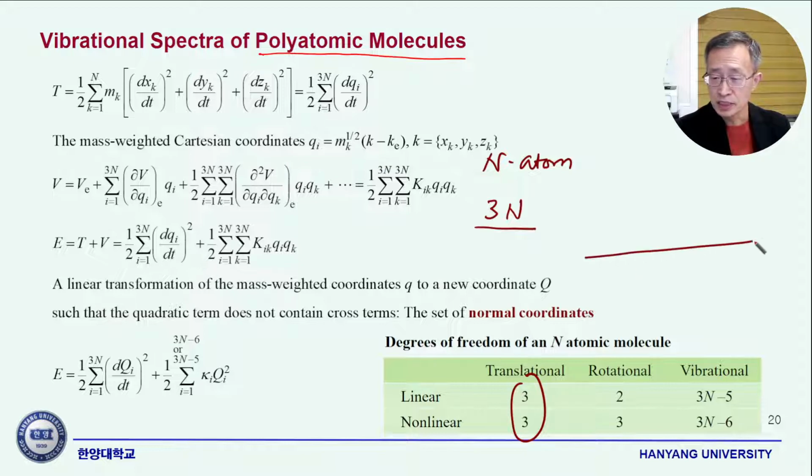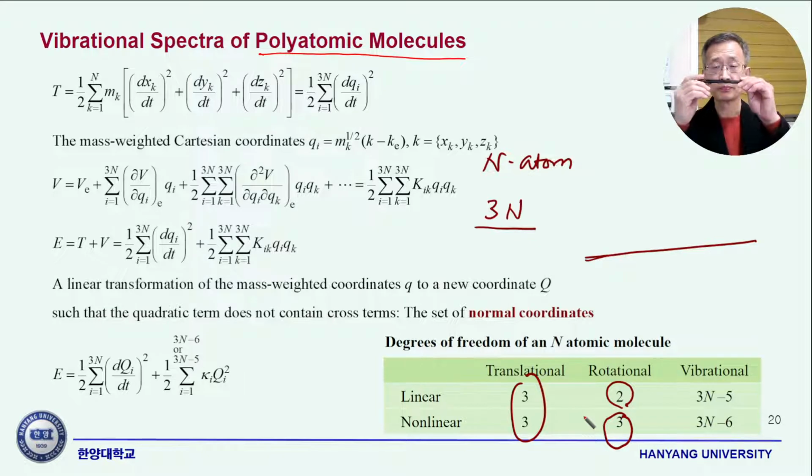If that's a linear molecule, then there are 2 rotational coordinates. For a non-linear, general molecule, there are 3 rotational coordinates. For example, if this is a linear molecule and you rotate this way, there is no torque, meaning no angular torque here, so it doesn't count as a degree of freedom.